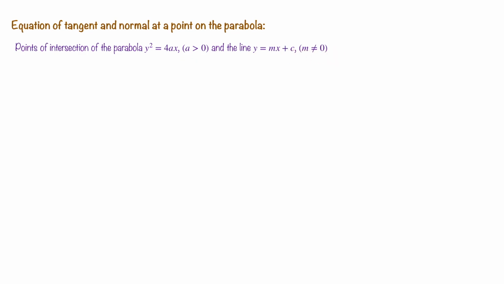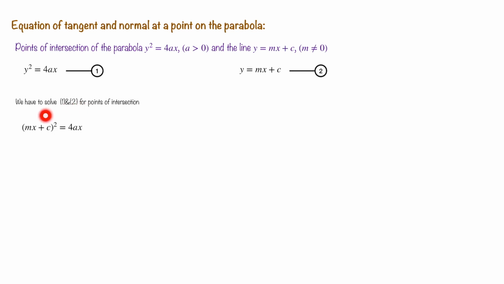Let me name the parabola equation as 1 and the line equation as 2. Now we have to solve 1 and 2 for points of intersection. So we simply take y equal to mx plus c from 2 and substitute in 1, then we will end up with an expression like this.